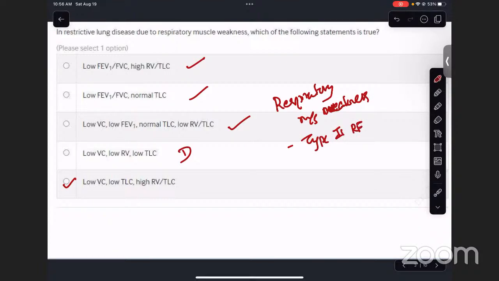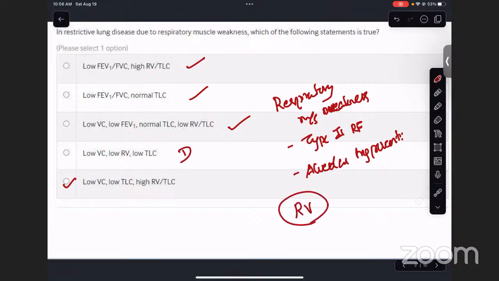In case of type 2 respiratory failure, there will be alveolar hypoventilation. Alveolar hypoventilation means some of the air is trapped in our alveoli. Okay, there will be an increase in the residual volume.